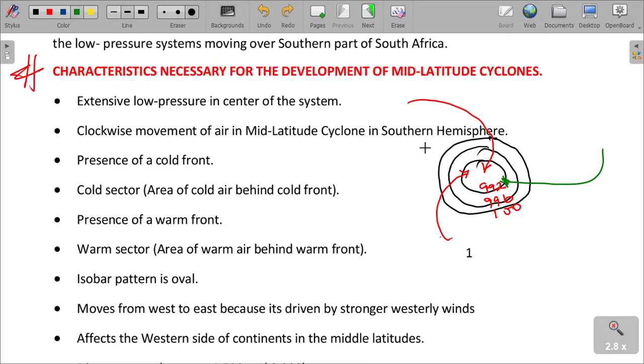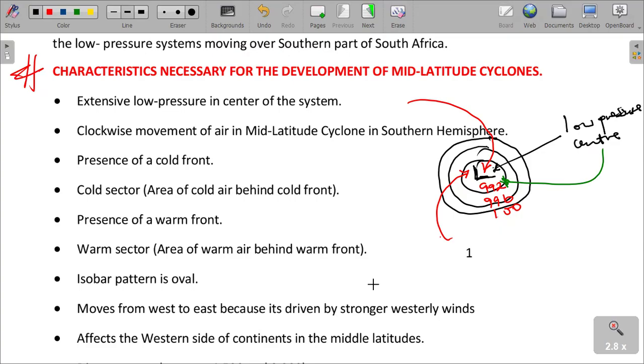So here I can write and indicate that we have got an L. This L is referring to a low pressure center. We have got a low pressure center that is shown here by an L that you are seeing there.